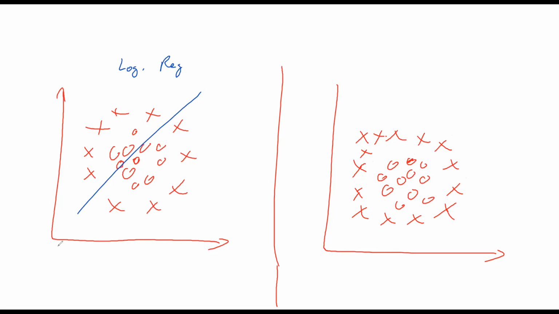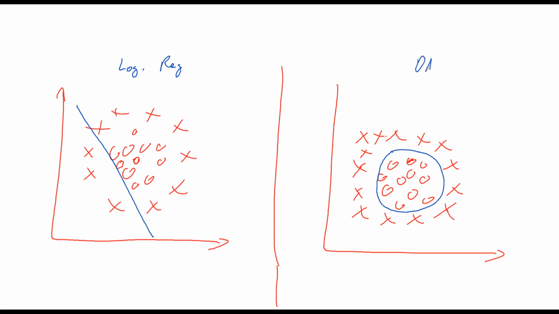Probably the best line for this would be something, I don't know, maybe here, a line like right there might be the best possible line that it can get, I think. That's not very good. Now, the perfect thing would be something like that. Logistic regression cannot do that.